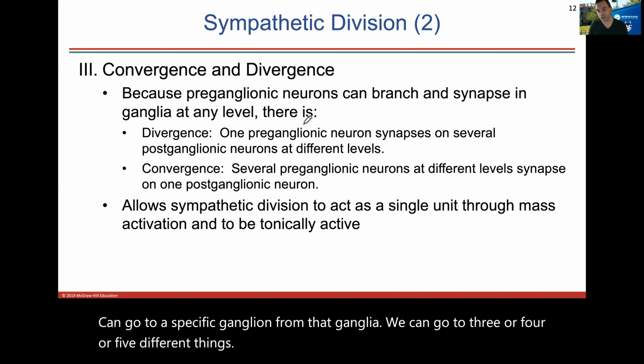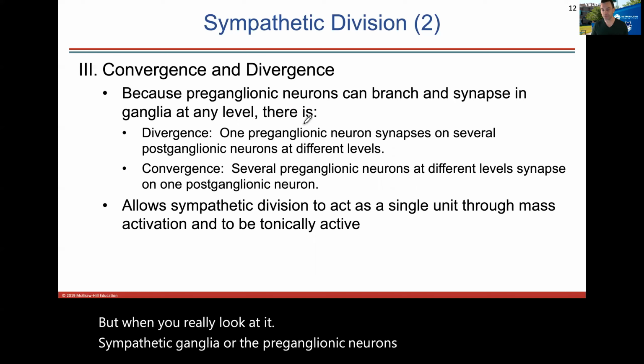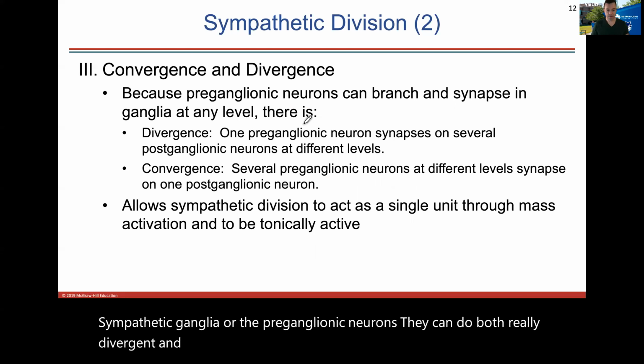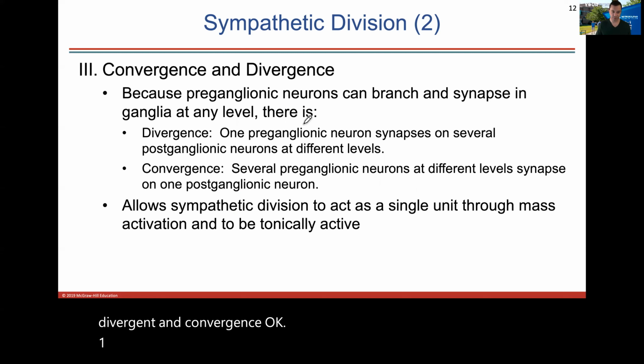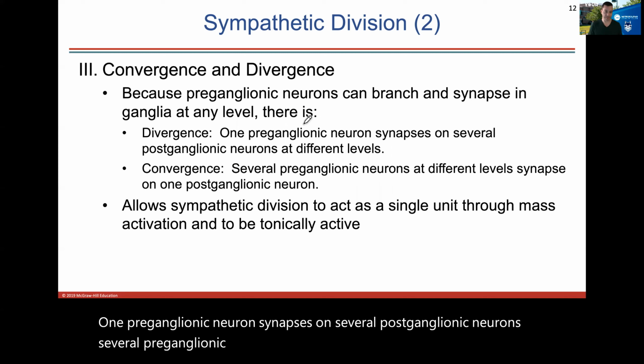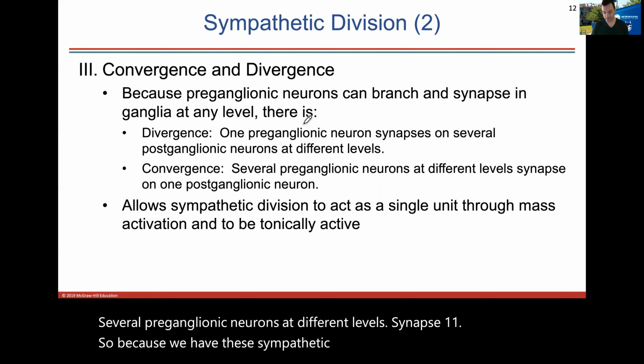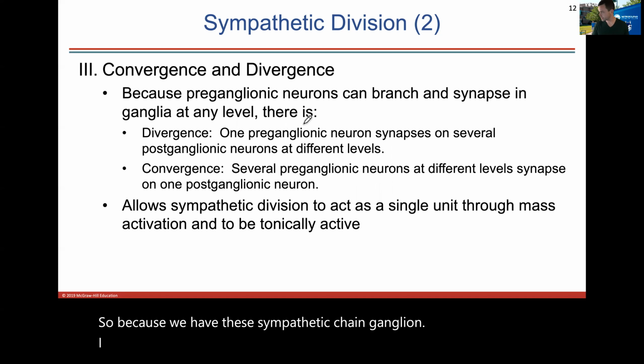But when you really look at it, sympathetic ganglia, or the preganglionic neurons, they can do both divergence and convergence. One preganglionic neuron synapses on several postganglionic neurons. Several preganglionic neurons at different levels synapse on one. So because we have these sympathetic chain ganglia, I can extend a nerve out.